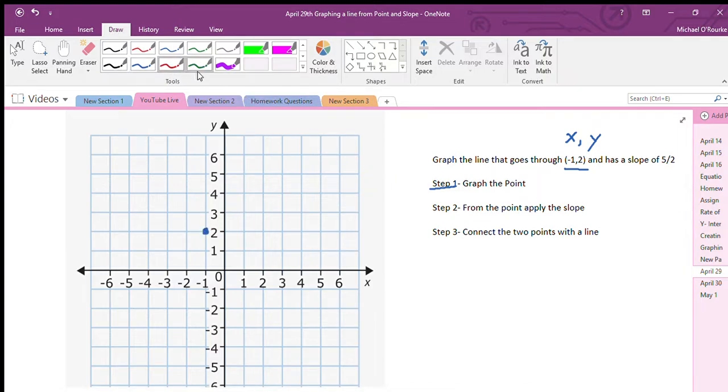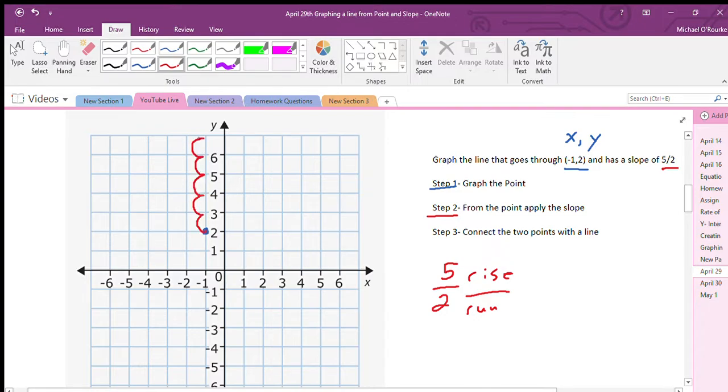Then we're going to apply the slope. So 5 over 2. Rise over run. We're going to go 5 up: 1, 2, 3, 4, 5. And then 2 over: 1, 2.